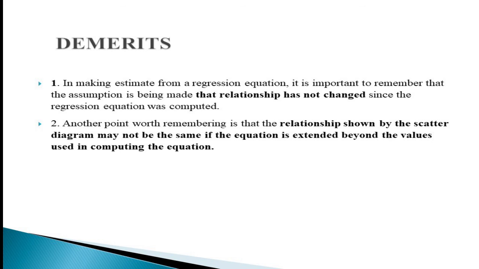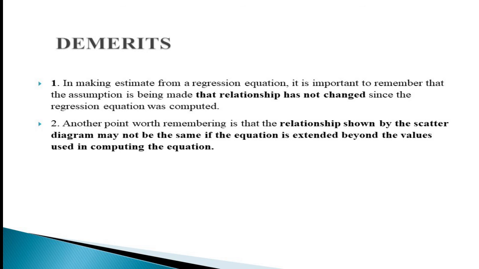But what about the demerits of this regression analysis? Till now we spoke about the good things regarding regression. The thing is, it is very helpful, and based upon the relationship between two variables we can predict the value of one variable, given the value of the other variable.